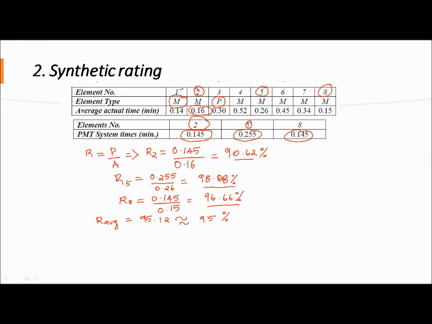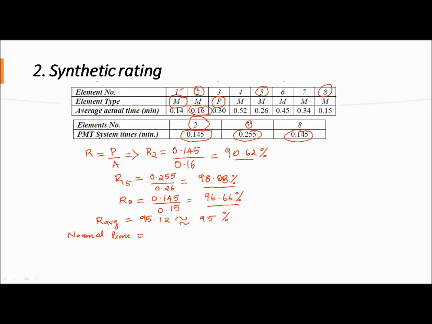Now what you usually have to find in the problem is the normal rating or the normal time. In order to calculate the normal time, if you have the average rating, the normal time can be calculated by just multiplying the average rating with the average actual time.